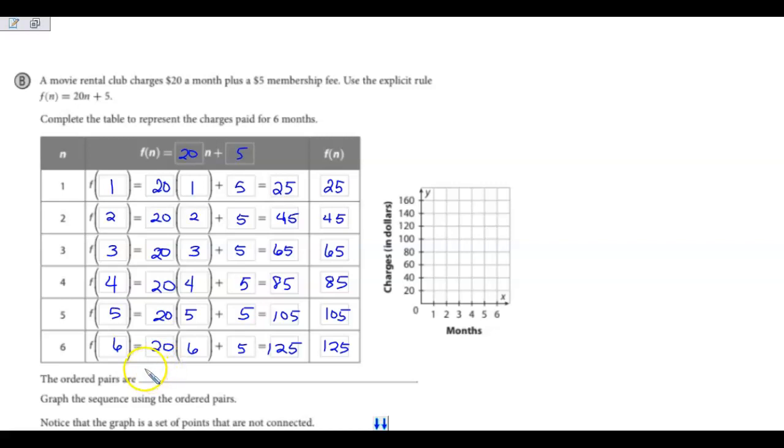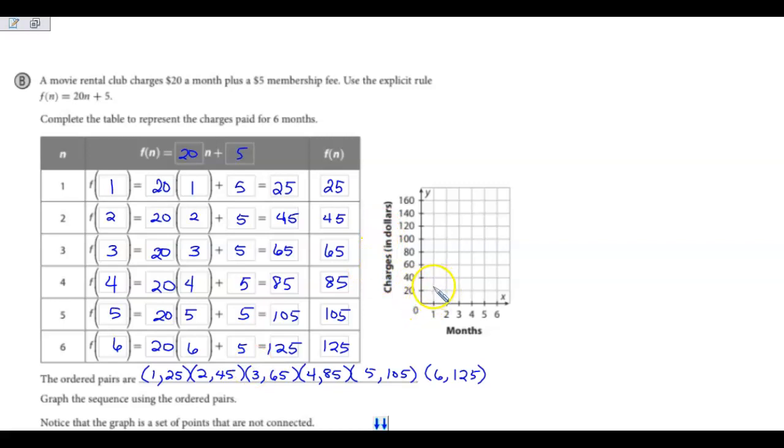And now we're going to write them in ordered pairs. So it's 1, 25, 2, 45, 3, 65, 4, 85, 5, 105, and 6, 125. And now we can use these to graph these points.